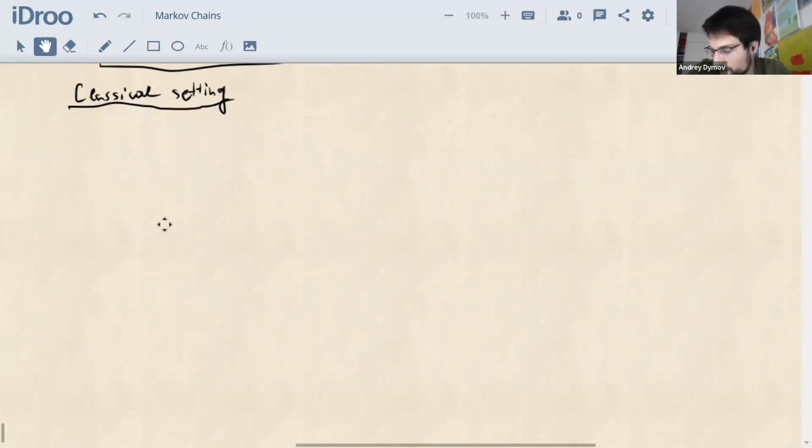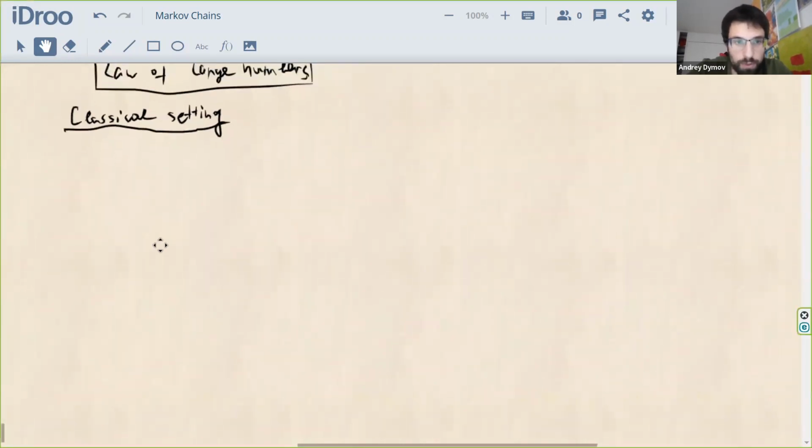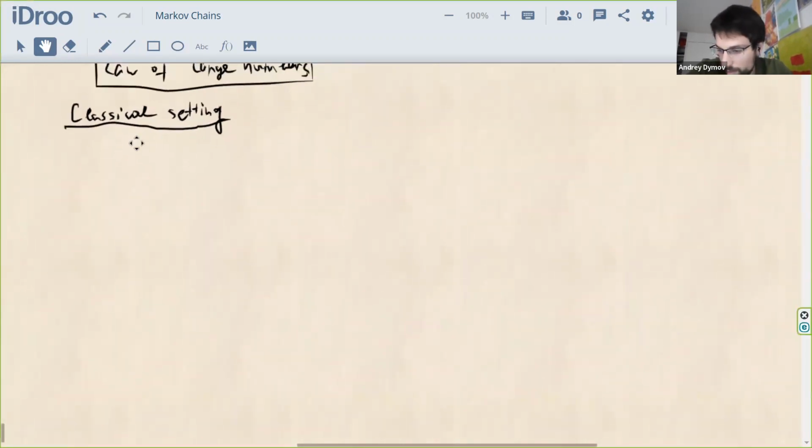I think this is the most technical proof in my course. Those of you who are familiar with the standard law of large numbers already know what I'll be talking about.